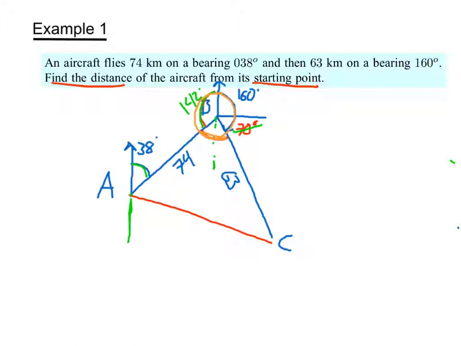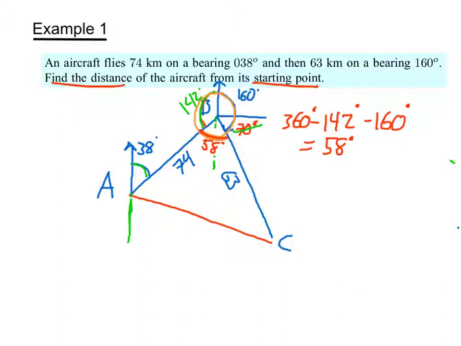So really all I need to do is subtract 142 and 160 from 360 degrees. And that gets me an angle of 58. So this is the angle inside the triangle at point B.